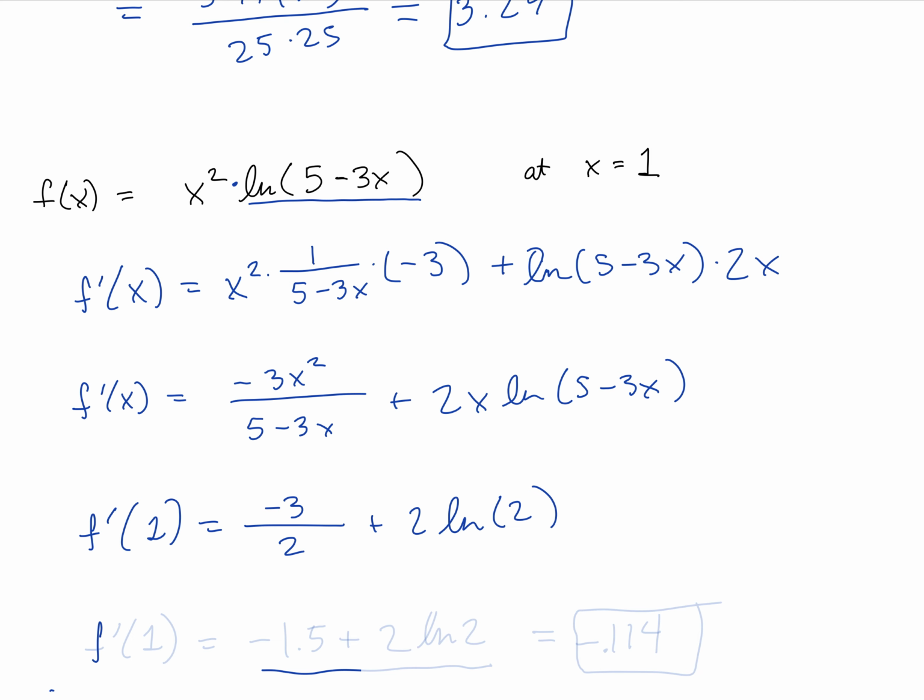And so we've got f prime of 1 is negative 1.5 plus 2 times the natural log of 2. That's approximately 0.69, but let's throw it into a calculator and get a more precise value. So when we throw this all into a calculator, we end up with negative 0.114 as our decimal approximation.